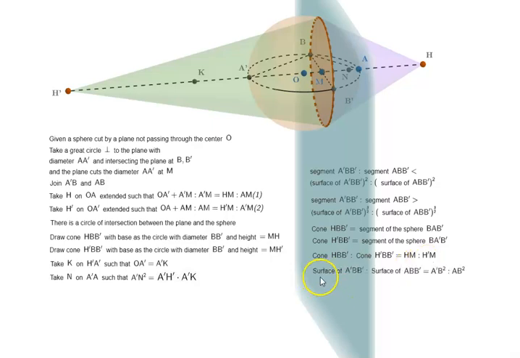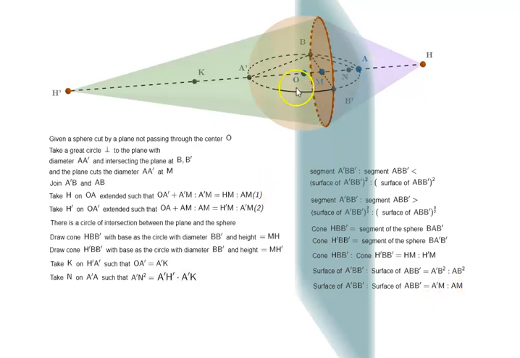And we also know that the surface of the segment of the sphere A'BB' is to the surface of ABB' is equal to A'B square is to AB square. And the surface of A'BB' is to the surface of ABB' is equal to A'M is to AM.